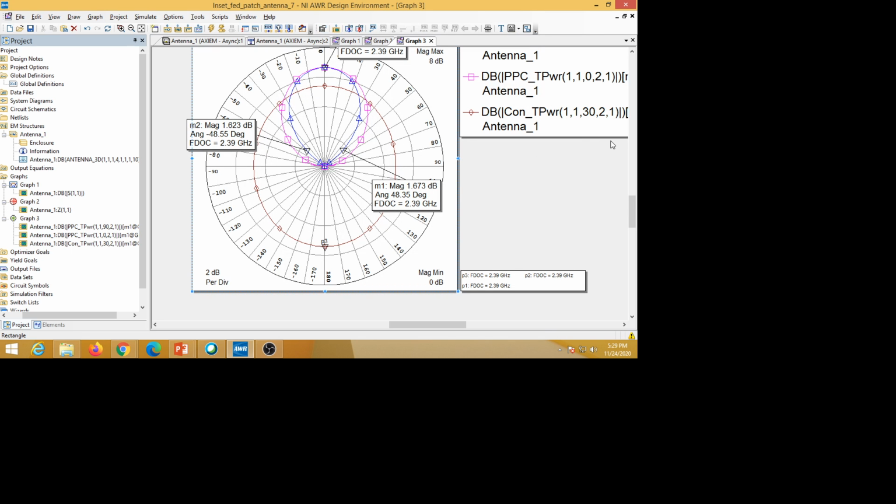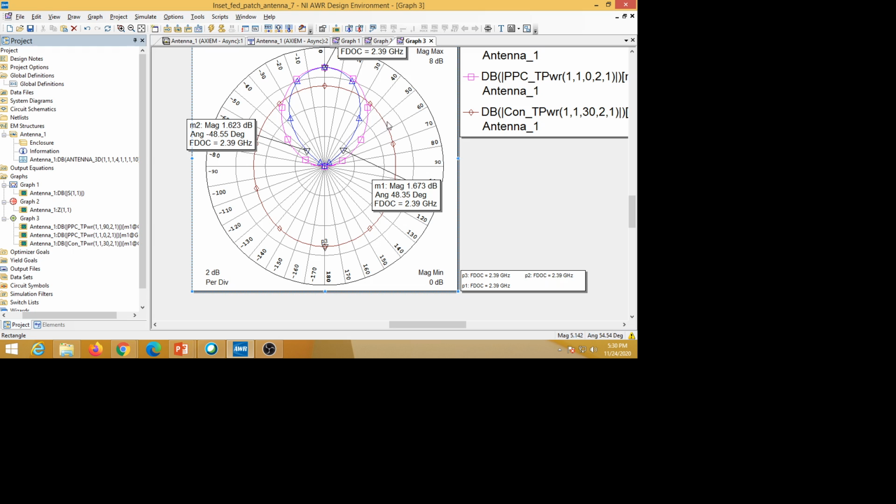This is a circle, and this is the 2D pattern at theta 30 degrees. Along the x-axis here, these values correspond to phi. For these two plots, these values correspond to theta values.